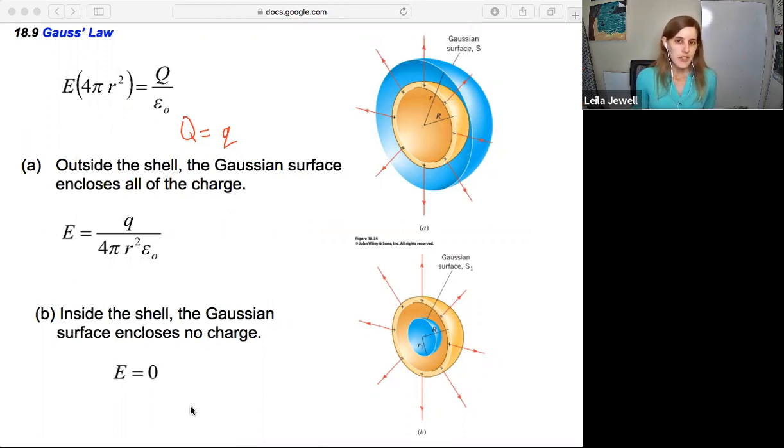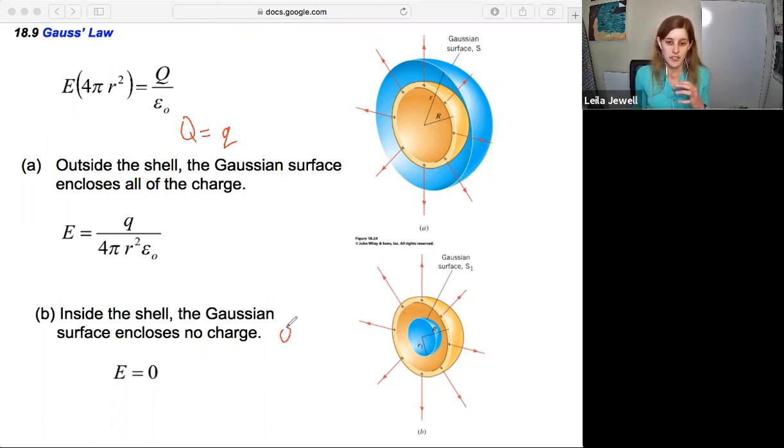What about inside? If we're inside, notice the same rule will apply, that the electric field is going to be in the same direction as the area, so we can use the same result as before. But how much charge is enclosed? Well, now our Gaussian surface, that bubble, doesn't have any charge inside of it.